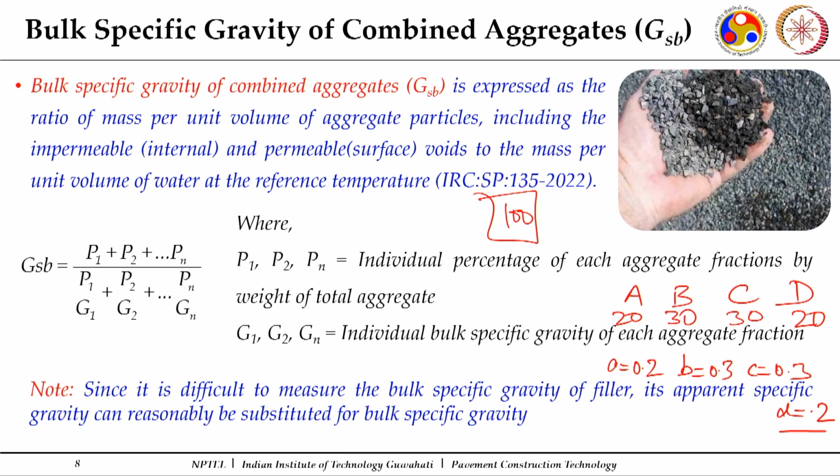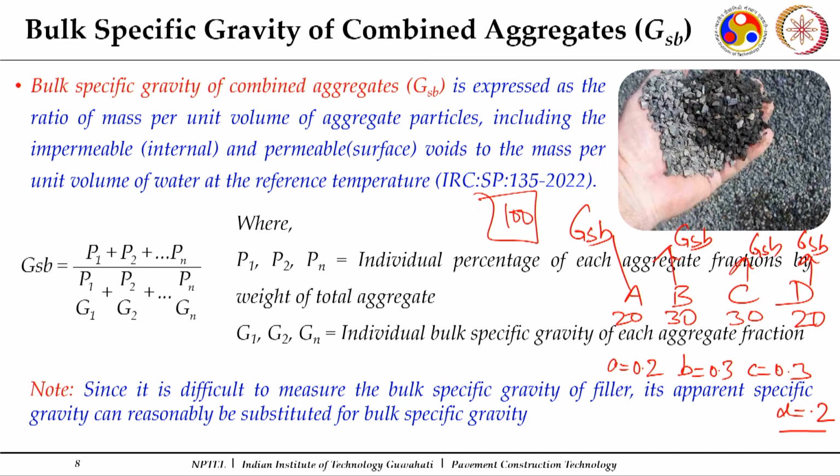I will work out the specific gravity of each aggregate stockpile. There are measures for working out this specific gravity. As I mentioned, IS 2386 part 4 gives the test procedures for determining the specific gravity of aggregates of different sizes.